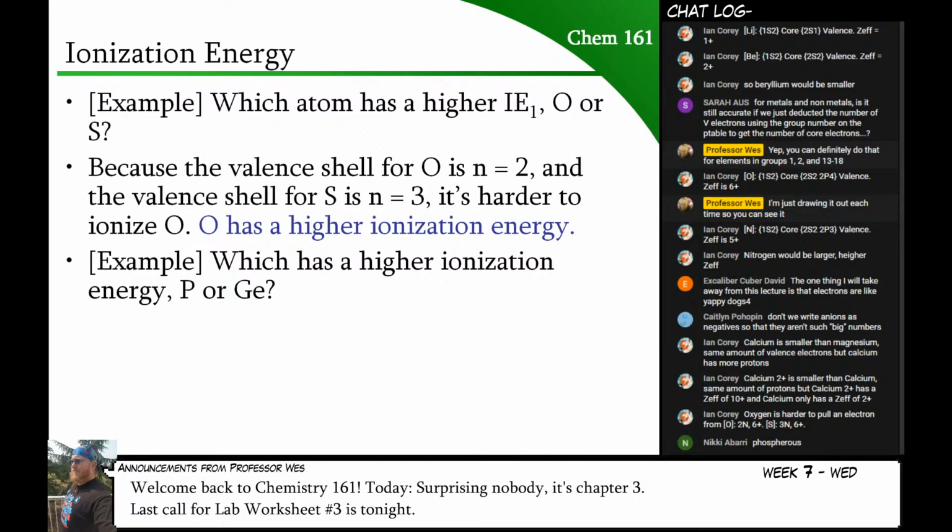All right, let's go over the answers. Phosphorus is the correct answer. Very good. Let's show why that is.